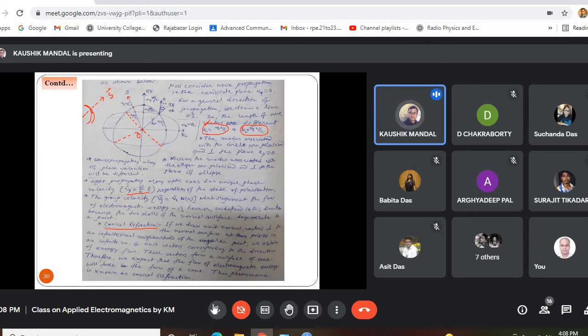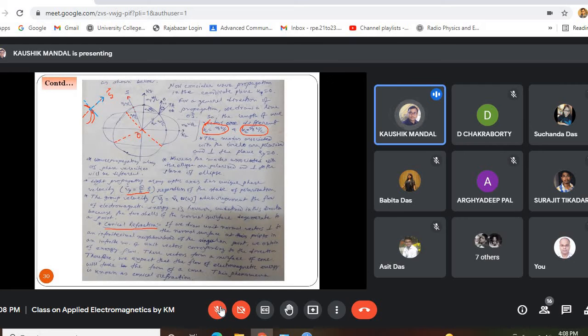Now at this particular point, what should be the direction of S? How can you find that? By drawing a unit vector. Now this is the normal. This particular vector is normal at this particular point.